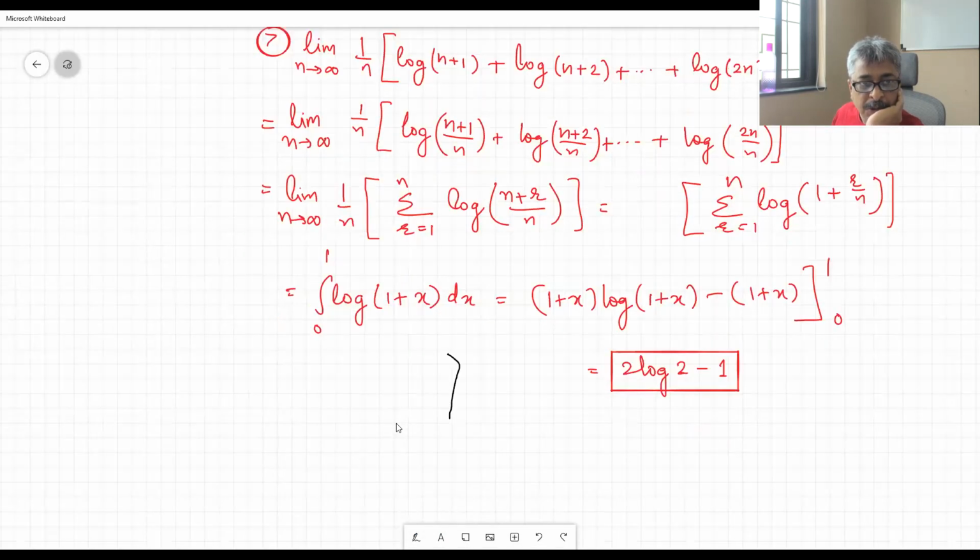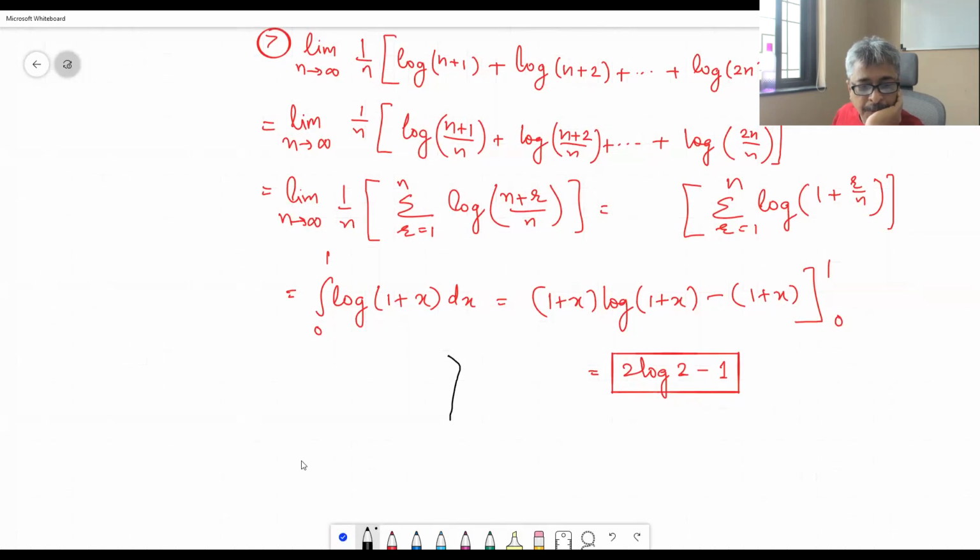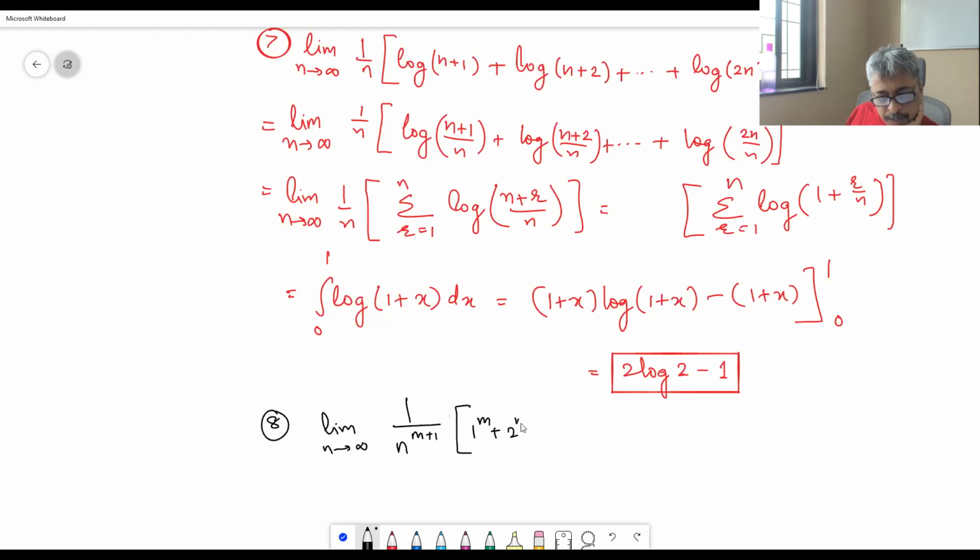Question number 8. Limit n tends to infinity, 1 upon n raised to m plus 1, inside bracket 1 raised to m, m not equal to minus 1.